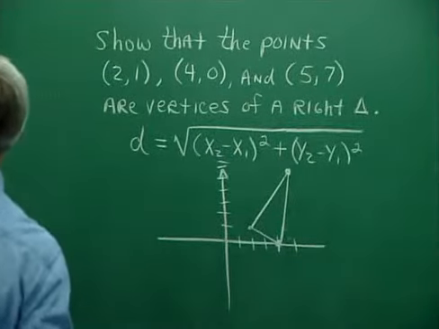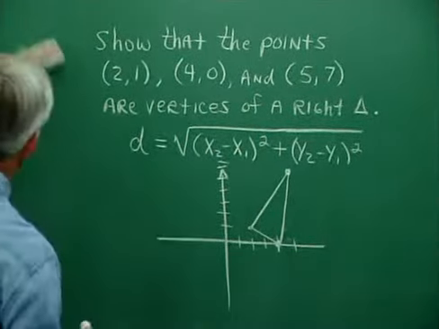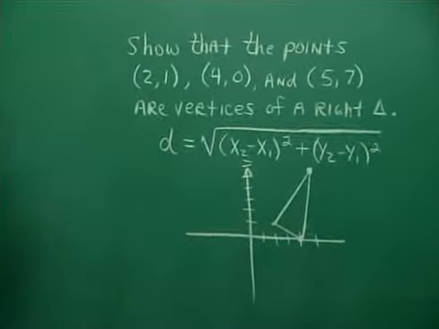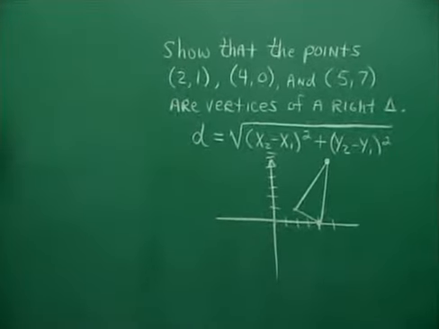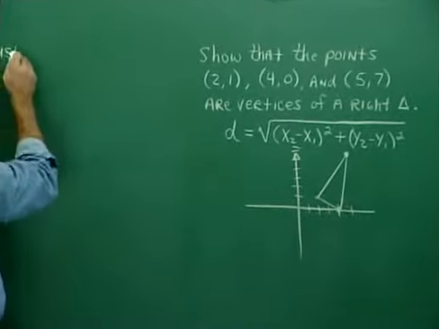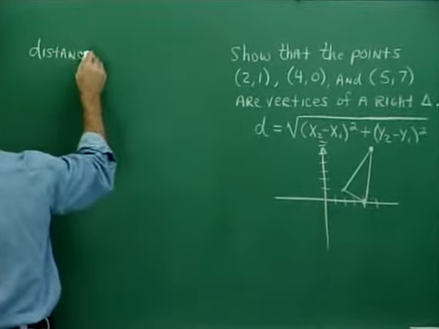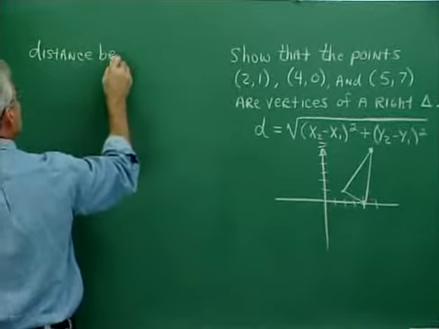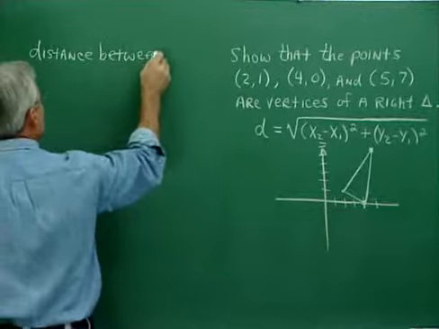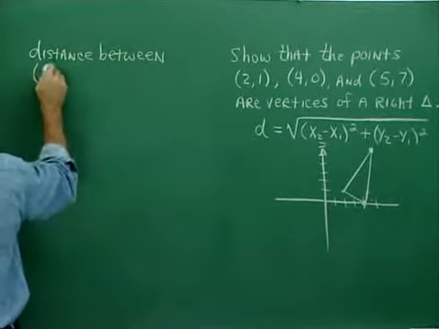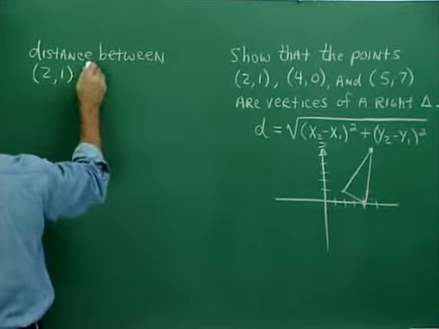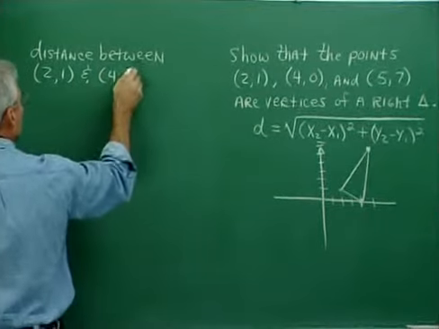So we come out to the side, and we say, we're using that formula, and I want the distance between 2, 1 and 4, 0.